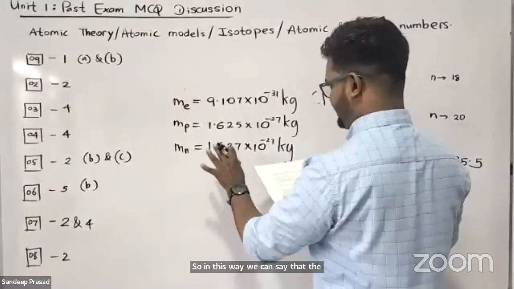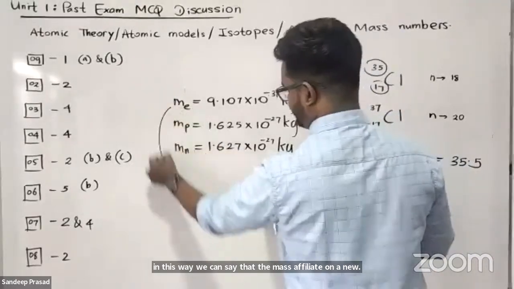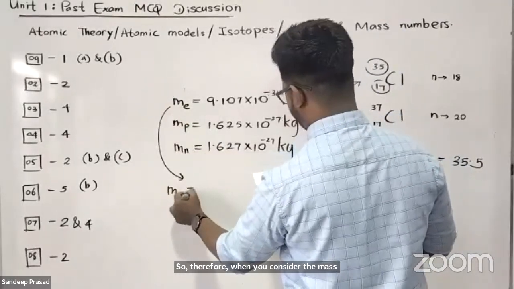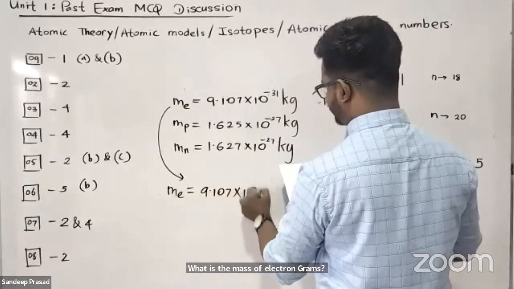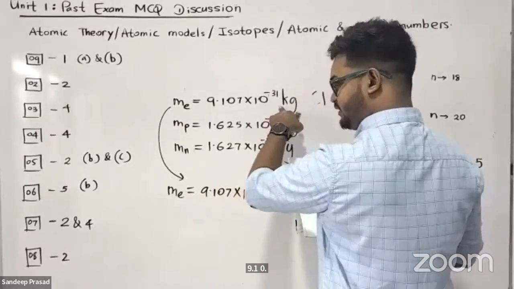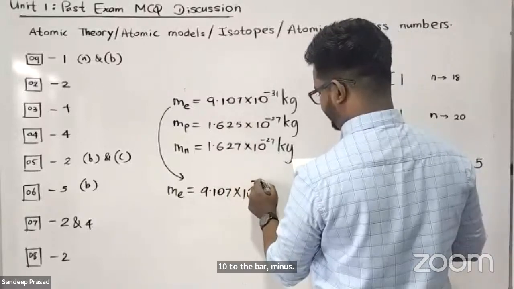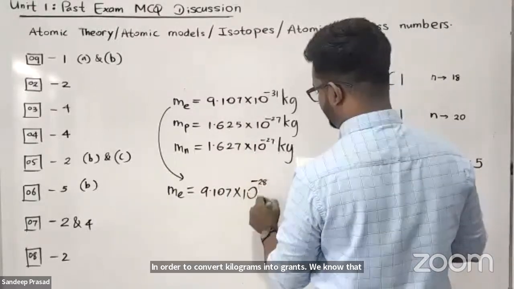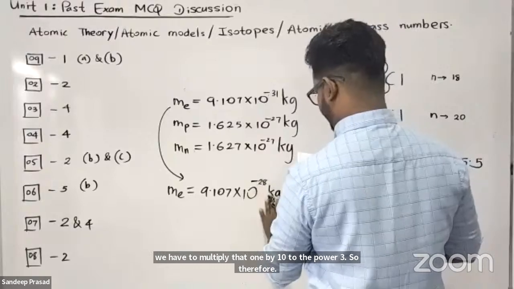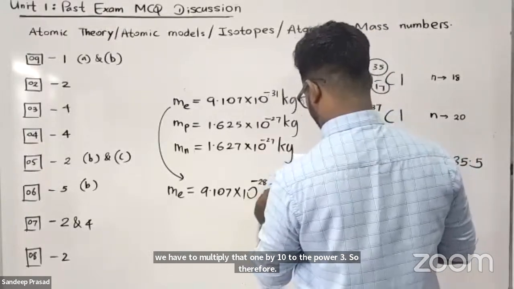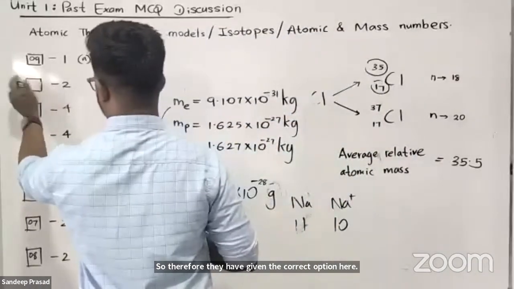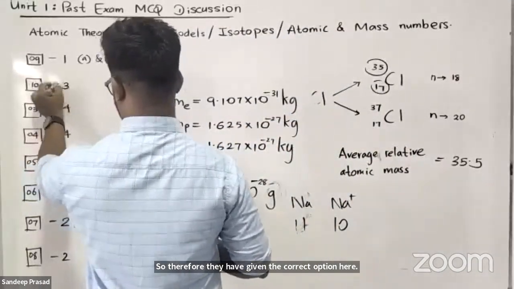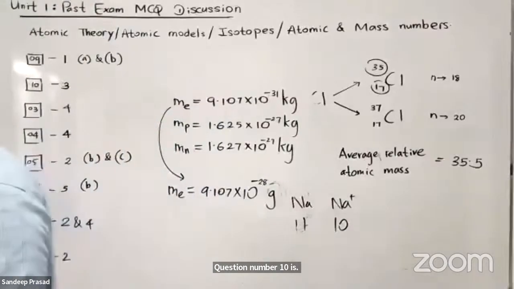So what is the mass of electron in grams? 9.107 times 10 to the power minus 31. In order to convert kilograms into grams, we multiply by 10 to the power 3, so minus 28 grams. So they have given the correct option here. Question number 10, answer is the third one. Okay.